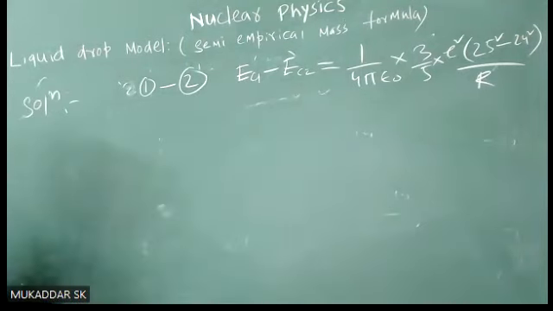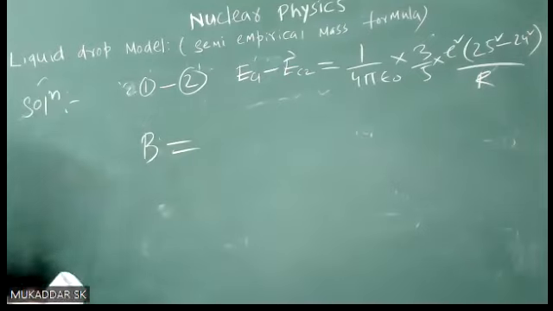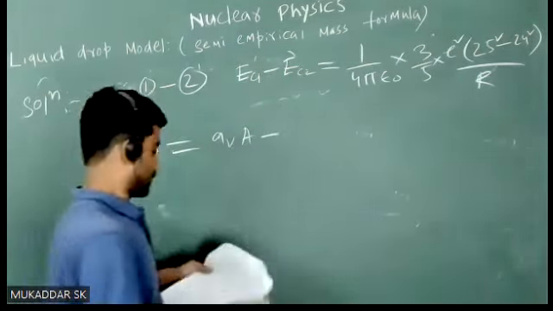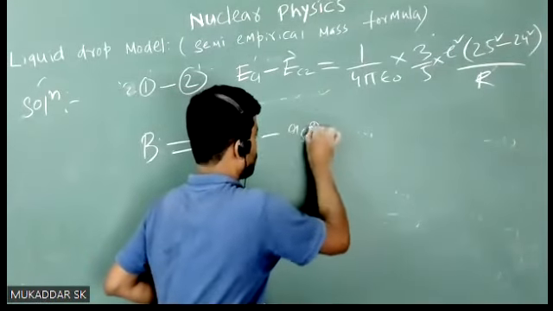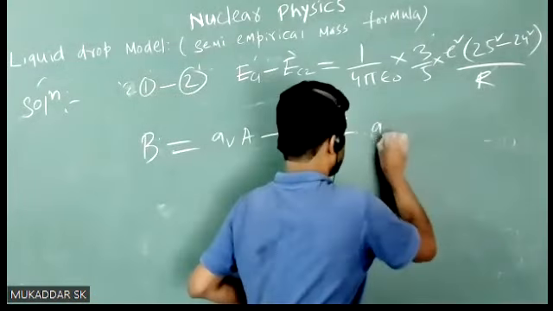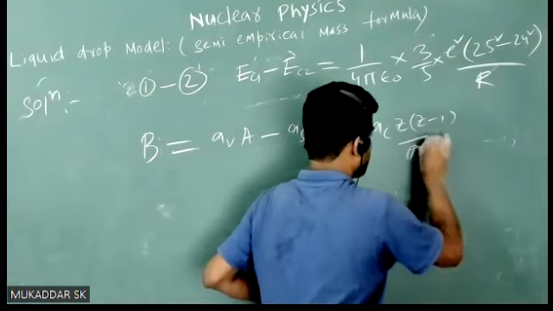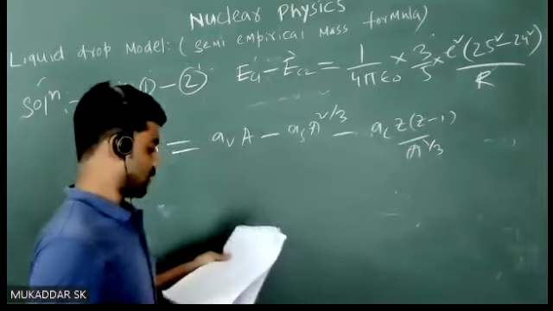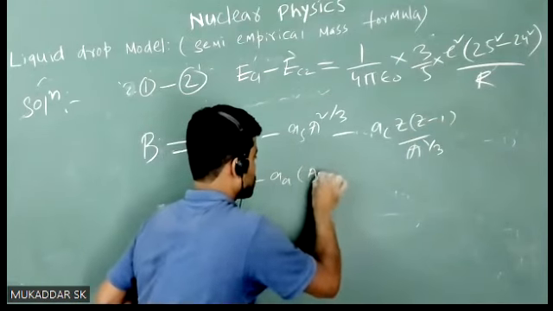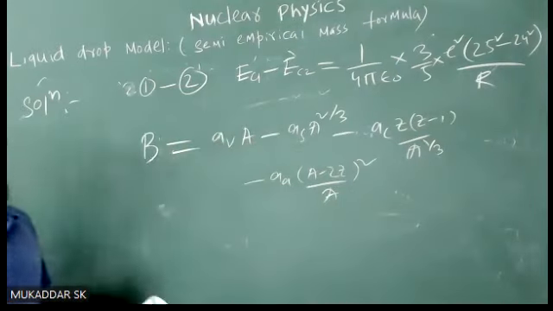The binding energy, denoted B, equals AV times A, then A_S times A to the power 2 by 3, then the third term A_C times Z(Z minus 1) divided by A to the power 1 by 3, then the last term A_A times (A minus 2Z) square divided by A, which they have given in the question.